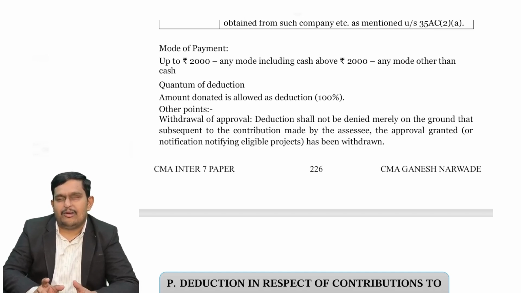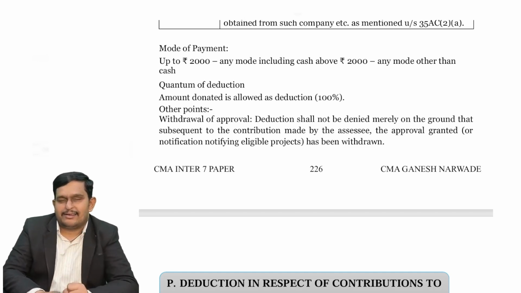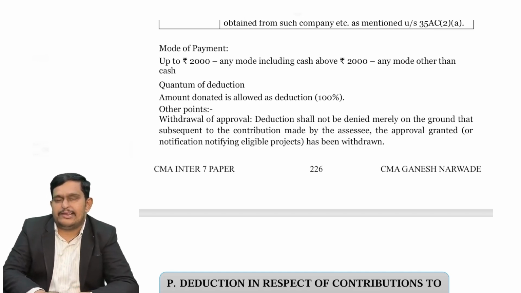Now I will tell you there are two sections which are quite common. One is 80GGB and one is 80GGC. Both talk about donations to political parties. So if you are giving any donations to political parties, you will get deduction under 80GGB or 80GGC. Who will get deduction under 80GGB? Indian companies.